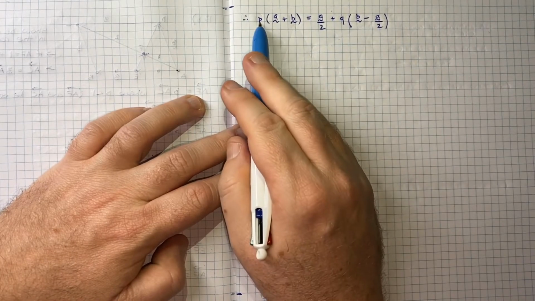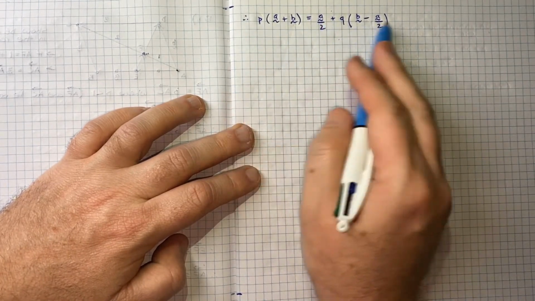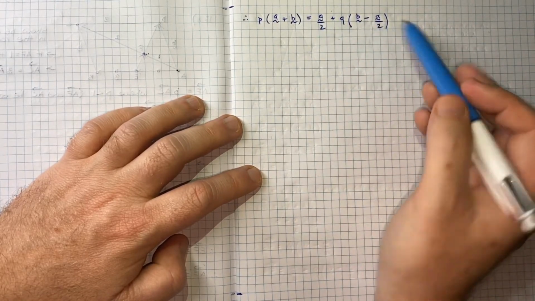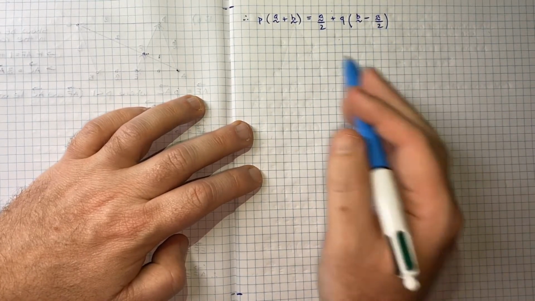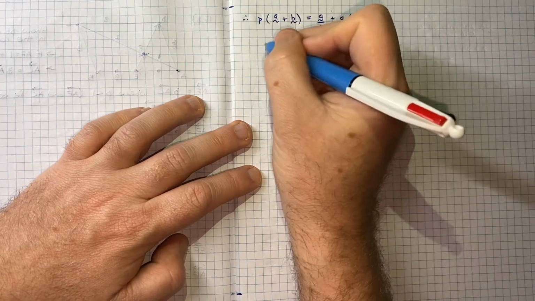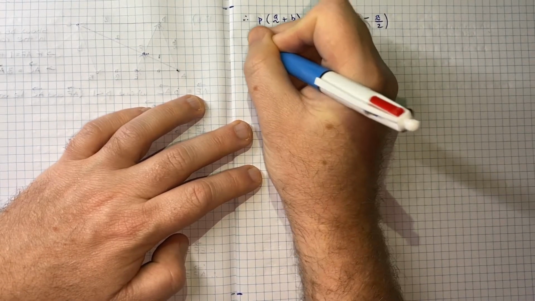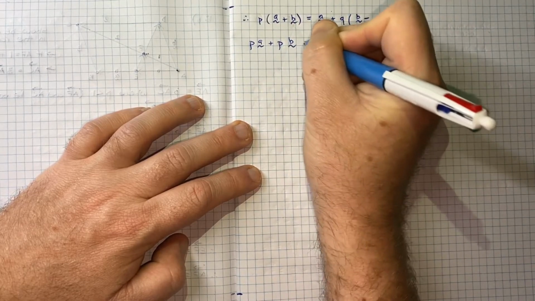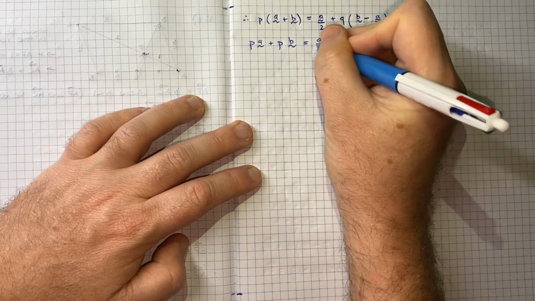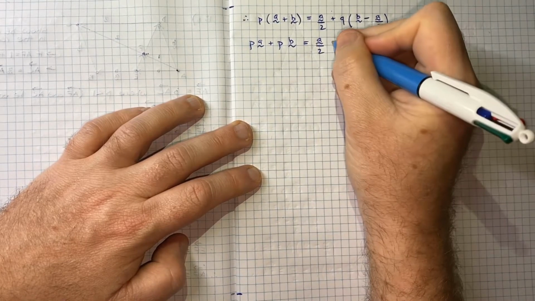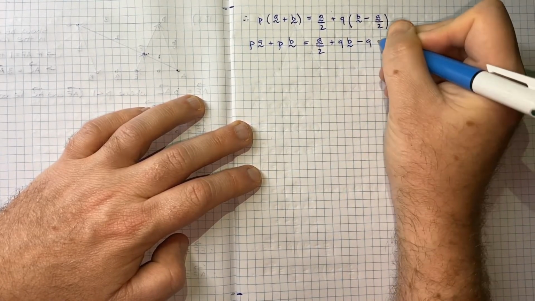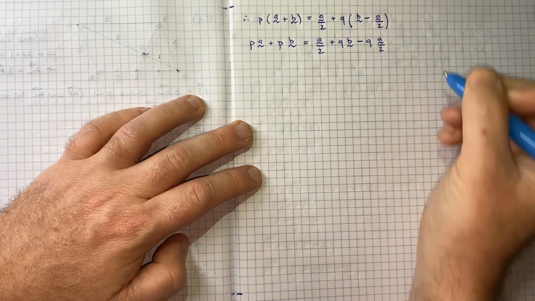Now, at this point, it's helpful to expand everything out and then get the A vectors and B vectors by themselves and see what their coefficients are. So let's do that. So we've got P times A vector plus P times B vector is equal to A vector on 2 plus Q times B vector minus Q times A vector on 2.